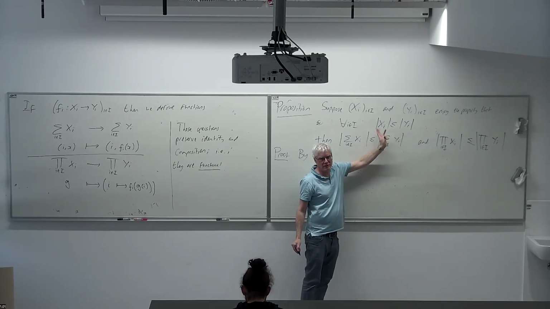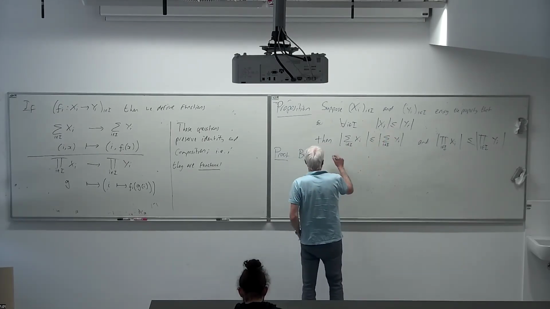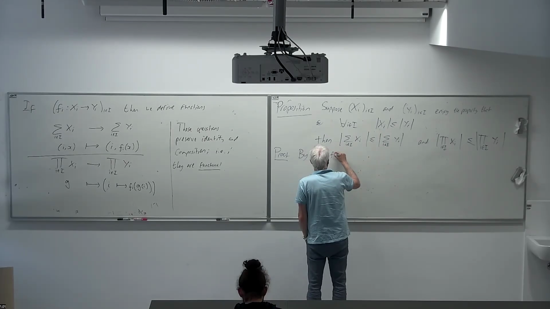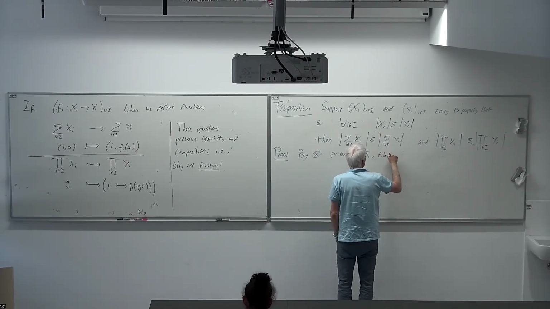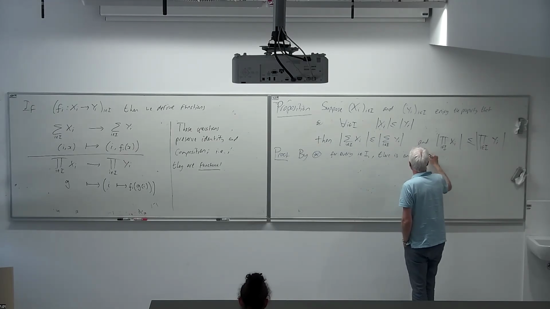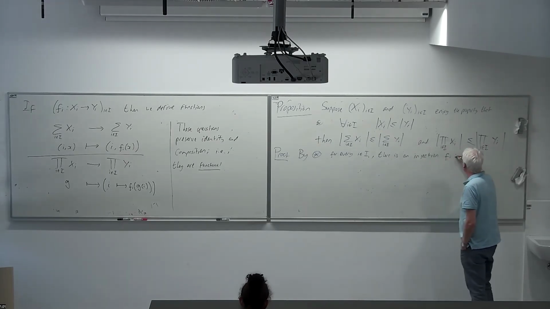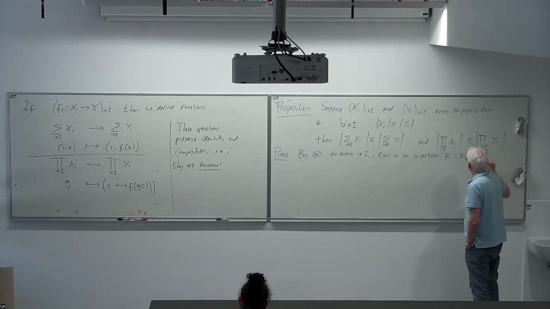So we have an injective function from X_i to Y_i. So for every index little i, there is the injection, meaning an injective function, f sub i from X_i to Y_i.